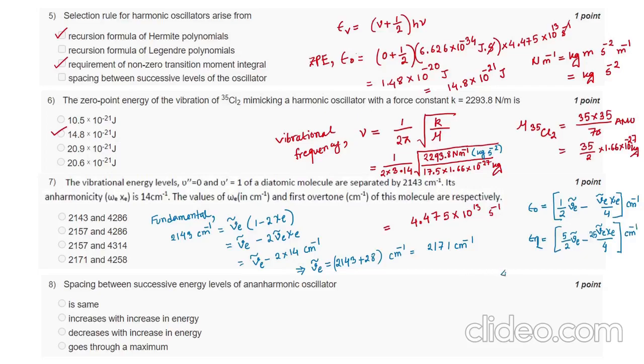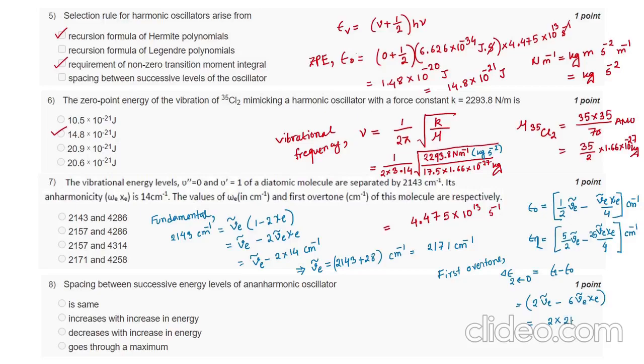So your first overtone is going to be the gap between E2 minus E0, which is actually 5 minus 1 by 2, which is 2 ωe, minus 25 minus 1 by 4, 6 ωe xe. I won't take this common because I already know these values.